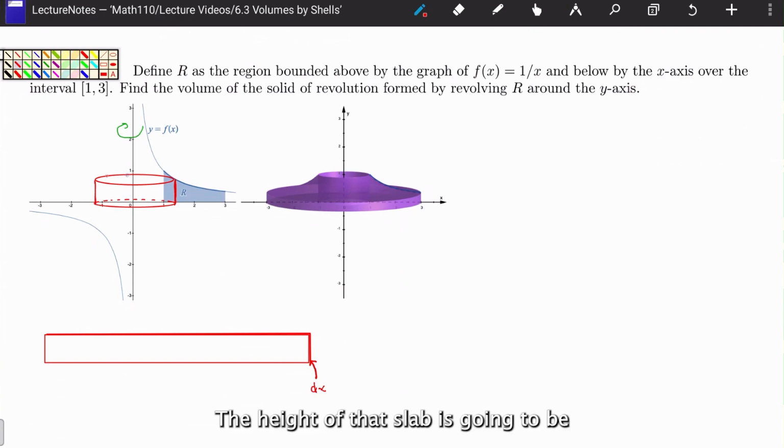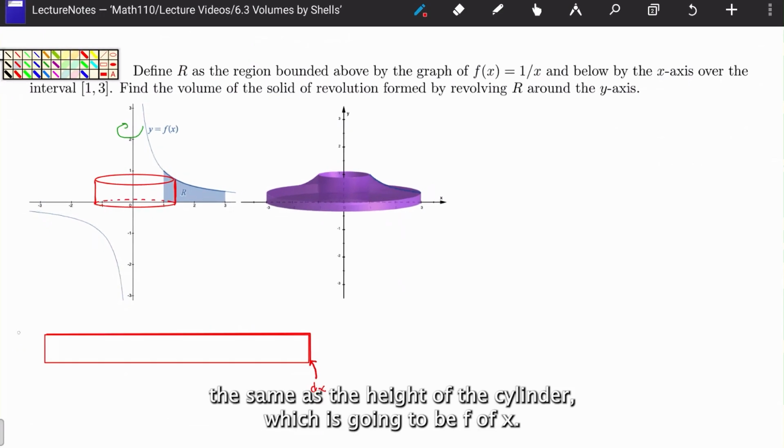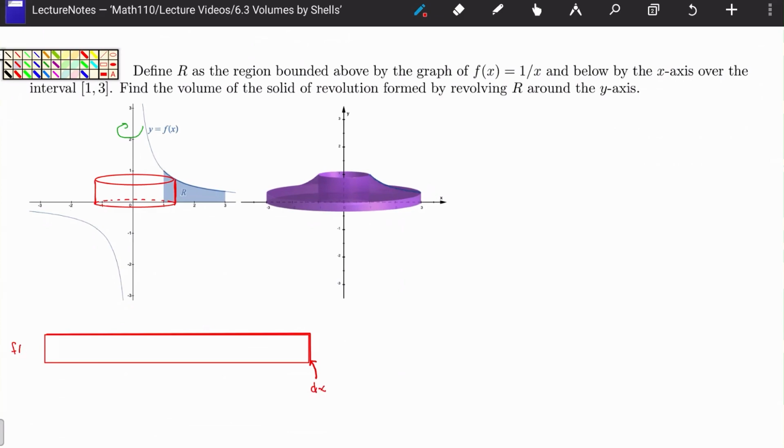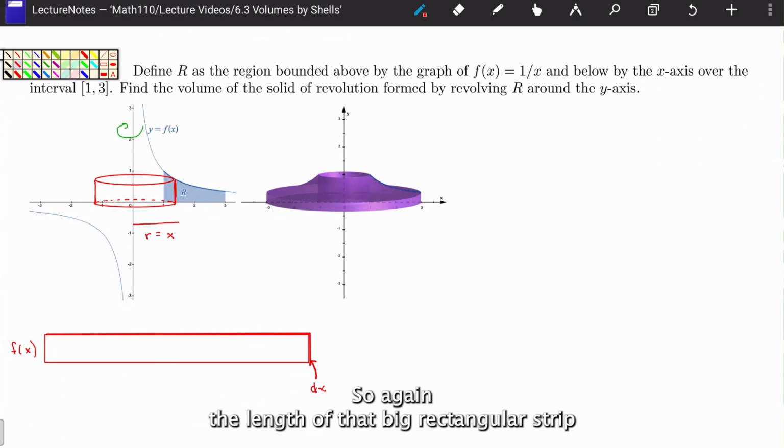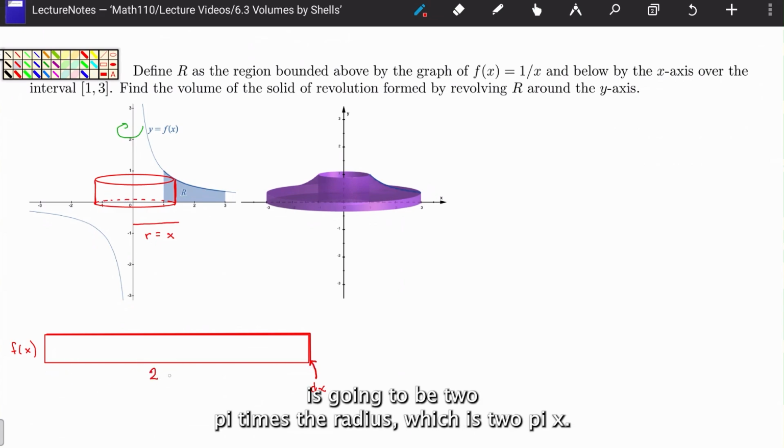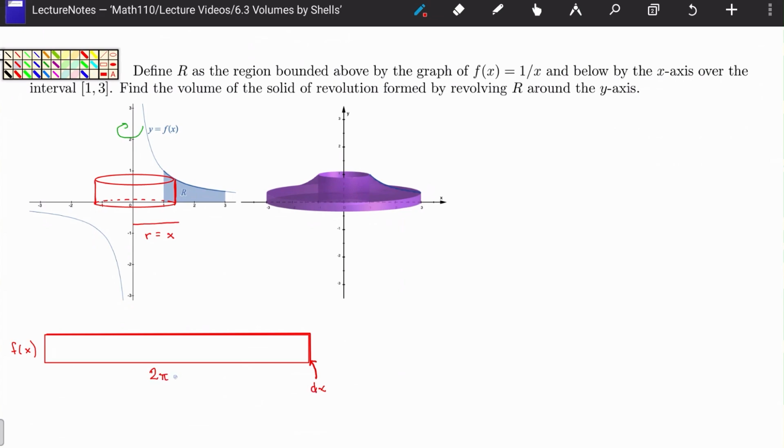The height of that slab is going to be the same as the height of the cylinder, which is going to be f of x. And my radius here is going to be just the x value. So again, the length of that big rectangular strip is going to be 2 pi times the radius, which is 2 pi x.